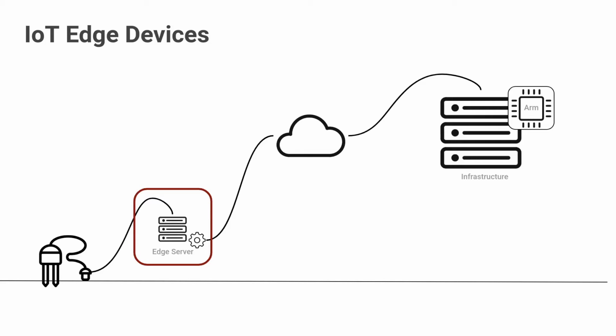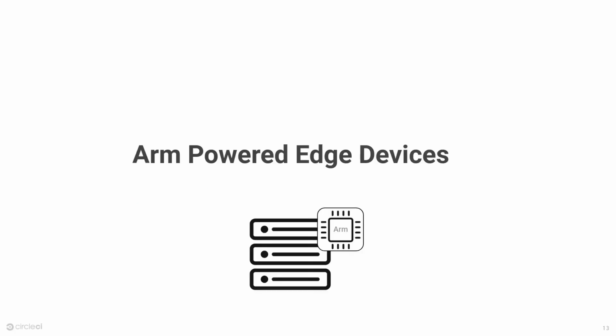These are the kind of advancements being made, and these edge servers are starting to be powered by ARM processors. The reason is, number one, the power consumption. Even though you have a device that's processing stuff, it can still benefit from very low power consumption, and the ARM processor does that.